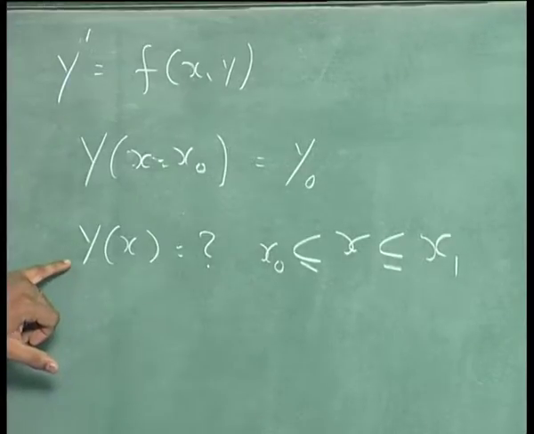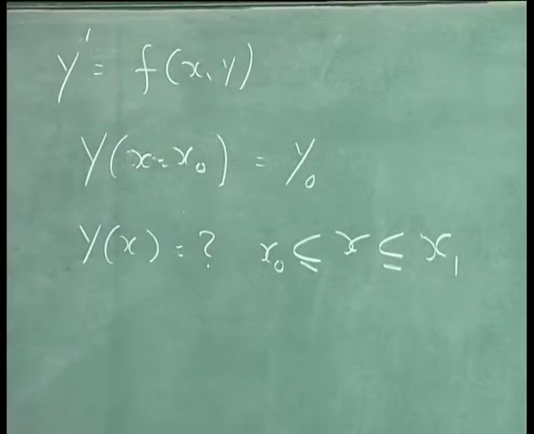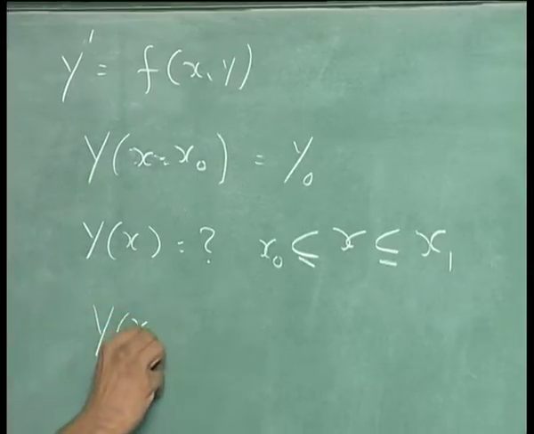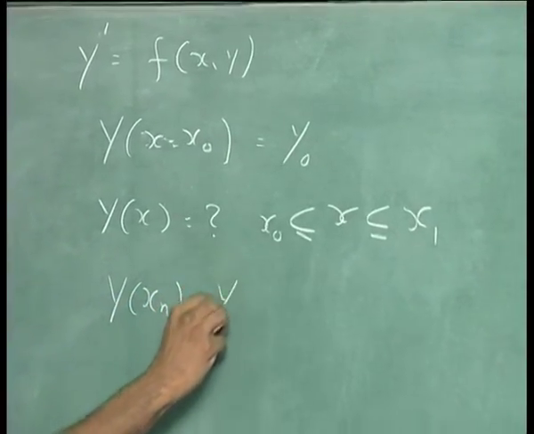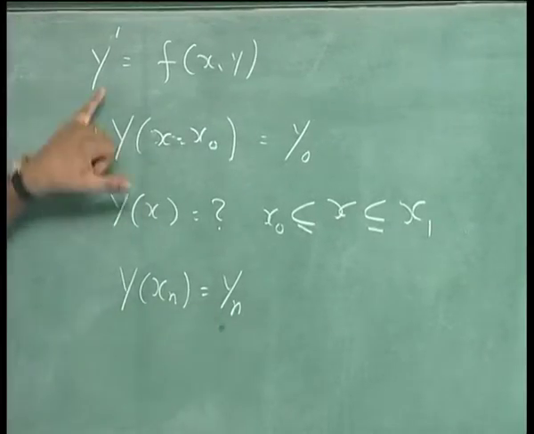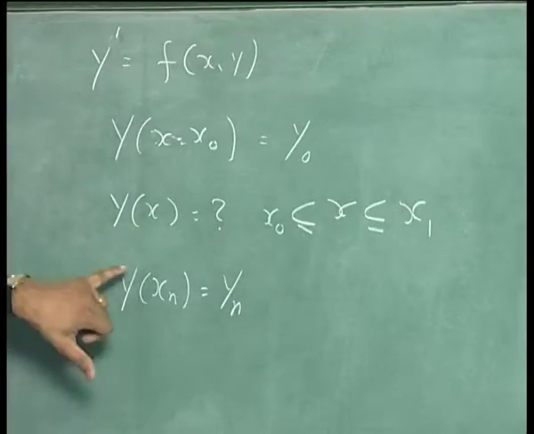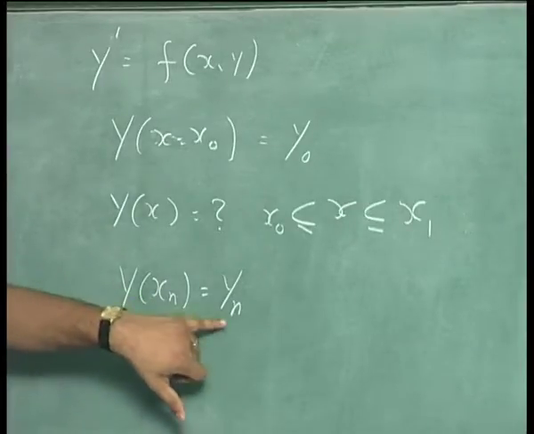Now to solve this numerically, we of course discretize this interval into n points, and then write y of xn, which we will denote by yn. That is the notation which we use. So, y prime means derivative with respect to x, and y at xn is yn.